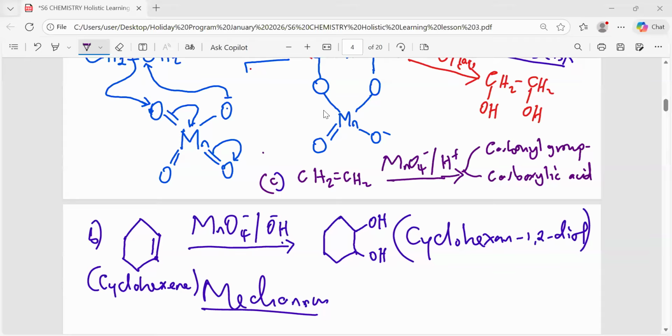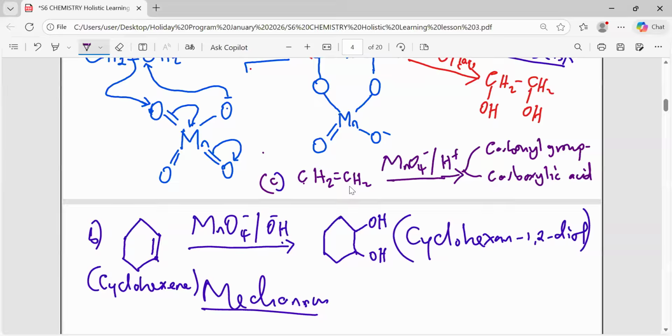Now, which carboxylic acid do we get? For example, here you are going to get methanoic acid and carbon dioxide gas, for terminal alkenes. I believe you know terminal alkenes.